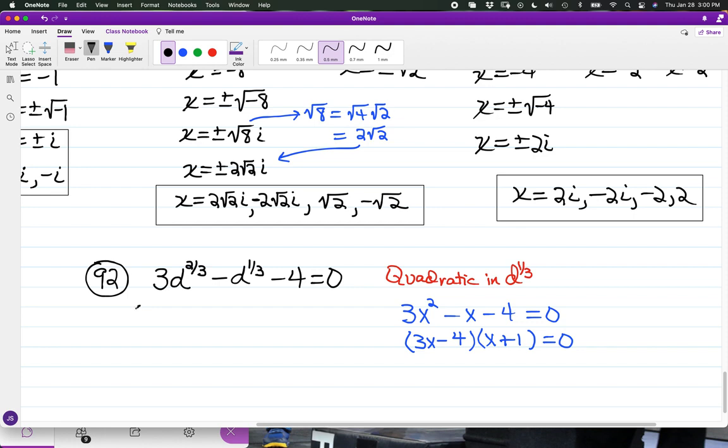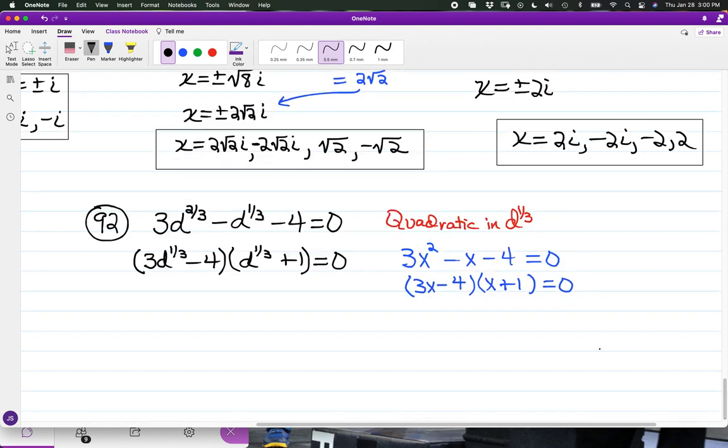So I have 3d to the 1/3 minus 4, times the quantity of d to the 1/3 plus 1. So just think of d to the 2/3 as x squared, and d to the 1/3 as x, in factoring.